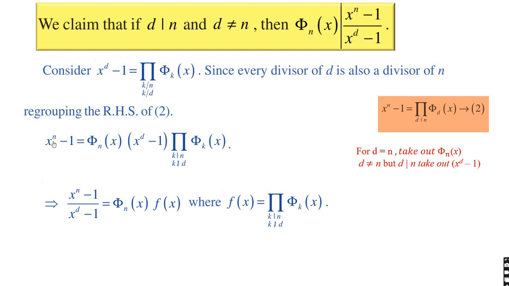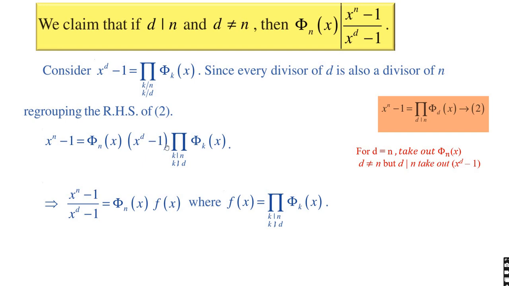Now, when we consider x power n minus 1, we have that corresponding to d equal to n. See, x power n minus 1 is this. Corresponding to d equal to n, we have taken phi n of x out. And then d dividing n cases, that we know, that is denoted in this way.